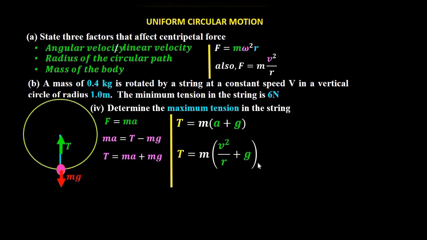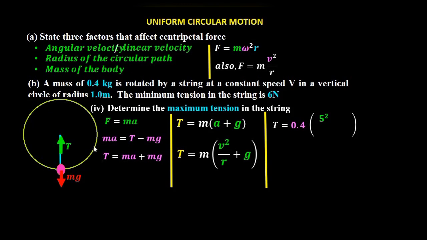Now, this expression here will enable us to get the maximum tension in the string. We can therefore determine the tension by substituting the values. So we have tension is equal to m, which is 0.4, into velocity. Remember, the velocity remains 5, just as we had gotten in part 1.